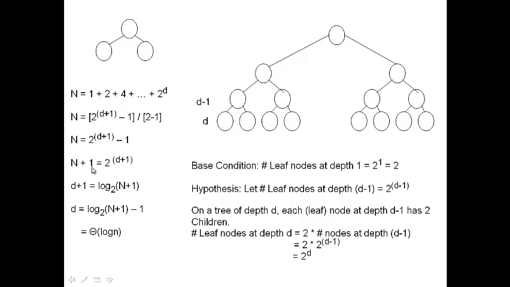That's what happens if you take the logarithm, right? If n equals 2 to the x, then x equals log n to the base 2. So here d plus 1 is the exponent, equals log of n plus 1 to the base 2. So d equals log of n plus 1 to the base 2, minus 1.